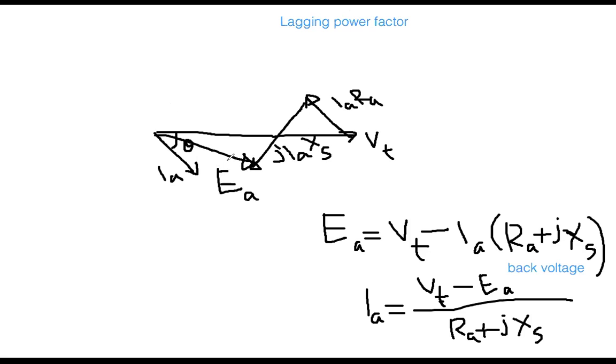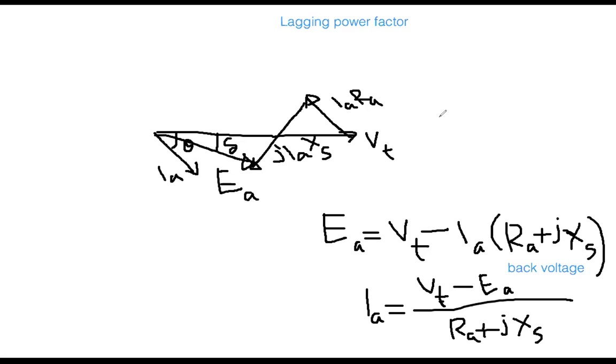And then the angle between VT and EA is called the delta power angle. So everybody see, I got this vector diagram when I consider the lagging power factor. Although I drew by hand, just by looking at the projection, what do you guess?